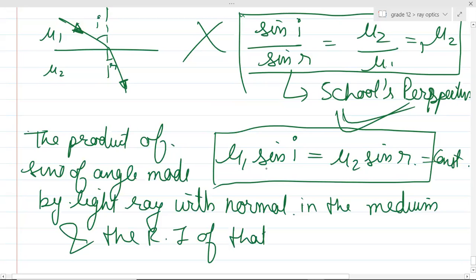So basically the product of the sine of the angle and the refractive index of that medium is constant.